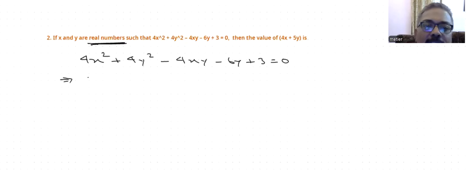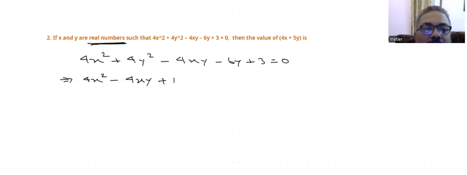4x square minus 4xy. Let's write it down together. 4x square minus 4xy. Right? Now you can get it. 4x square minus 4xy plus 1.